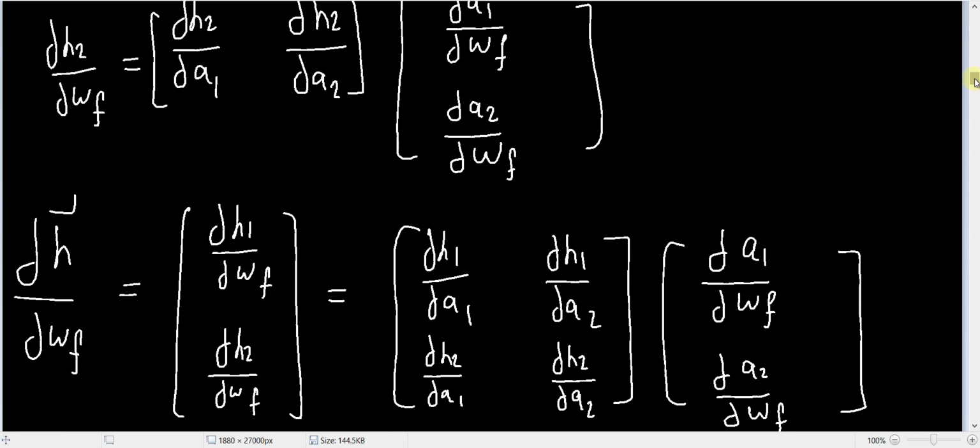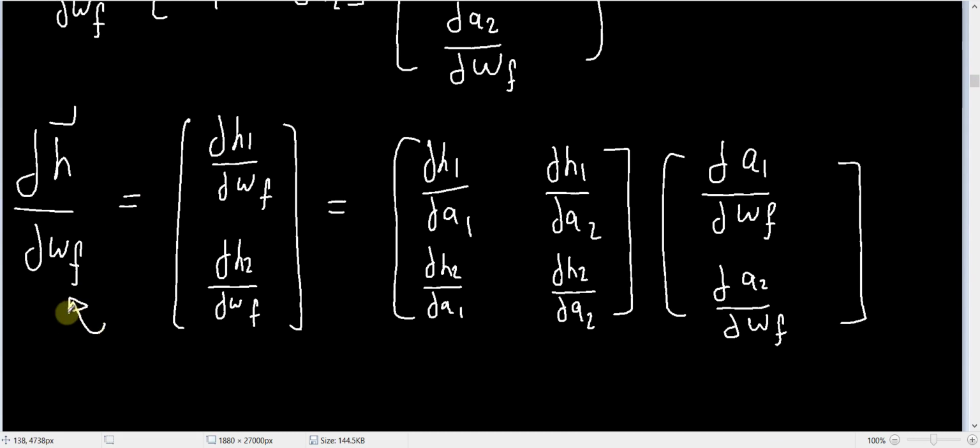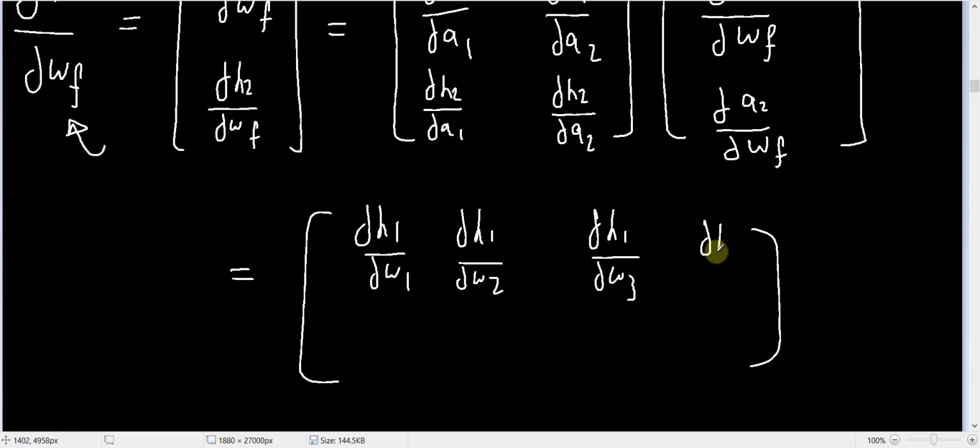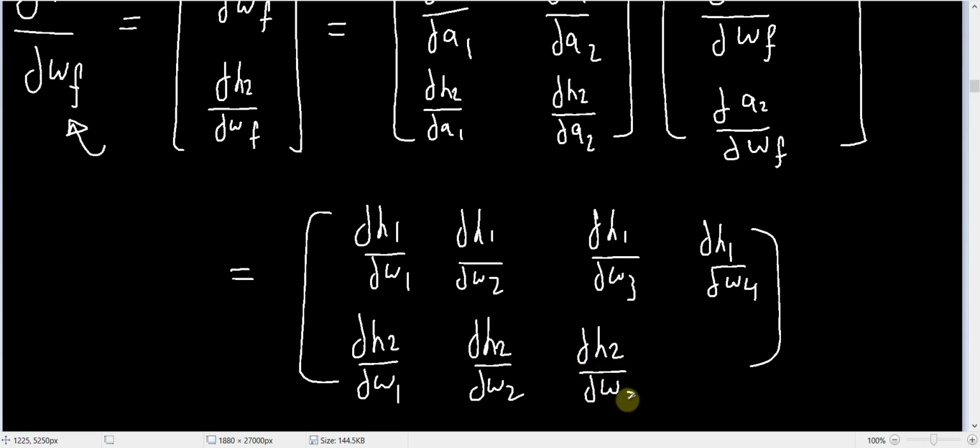Okay, now what is this? This is really what we wanted in the first place. We wanted dH by dW, and we got dH by dW flattened, but we could easily transform this flattened version into the tensor version, because dH by dW flattened will really be something like this. We'll have here dH1 by dW1, dH1 by dW2, dH1 by dW3, and dH1 by dW4 for our specific example, and here I'll have dH2 by dW1, dH2 by dW2, and dH2 by dW3, dH2 by dW4.